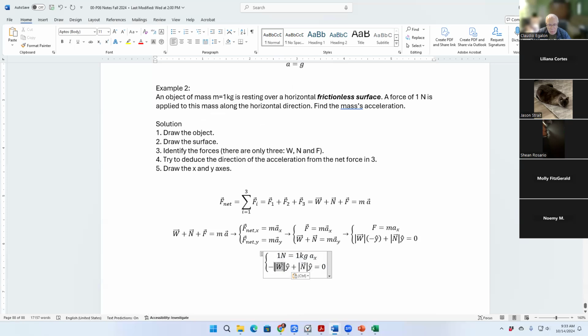So you don't have to worry about this second equation here, because the acceleration of the mass is determined from this equation, right? But let's keep on using that.